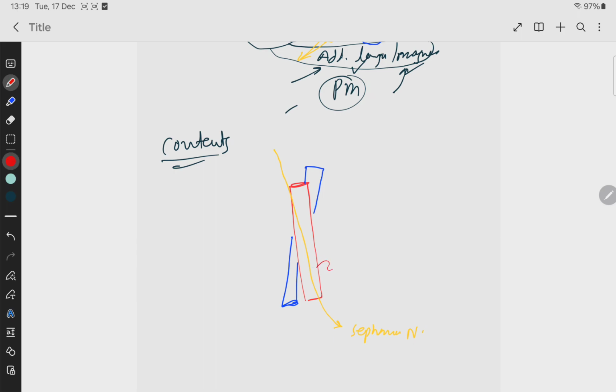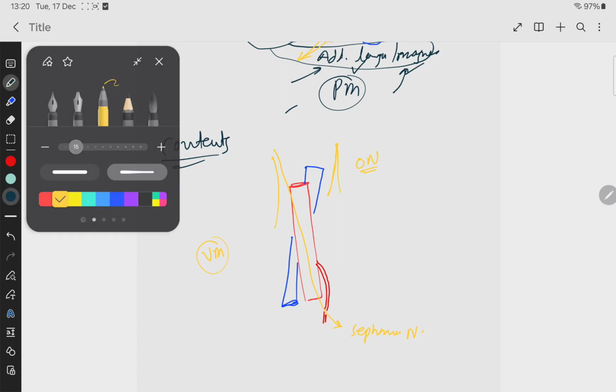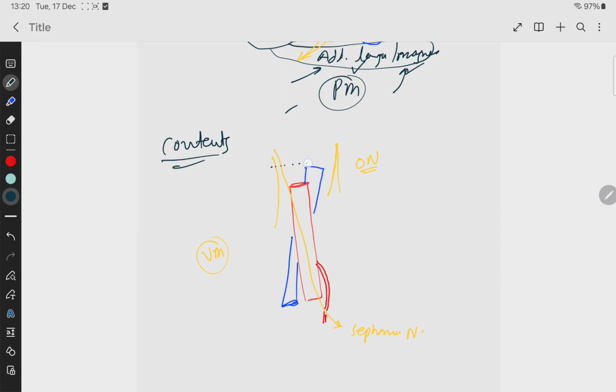Then there is the descending genicular artery, a branch of the femoral artery. In the medial part are the anterior and posterior divisions of the obturator nerve, and the nerve to vastus medialis. And here the whole adductor canal comes like this. Okay, so these are the contents of the adductor canal.